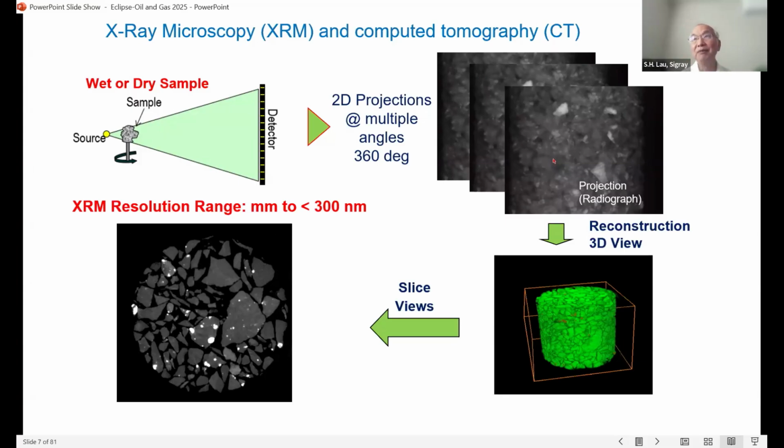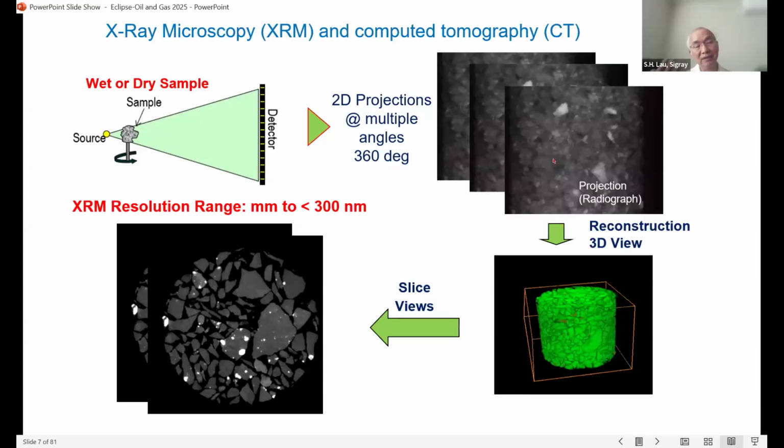But in tomography, because it is non-destructive, I don't have to polish. I just put my rock and I can electronically or digitally section it. So I can get the second slice, and more and more slices that way.